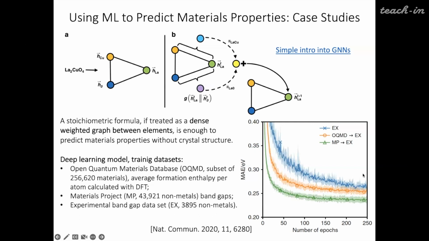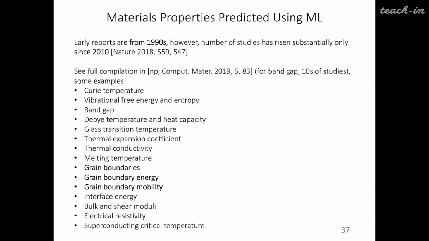And at the same time, the model was basically ignorant of the crystal structure. So this, for me, for a chemist, I was quite astonished to see this, but it works actually.